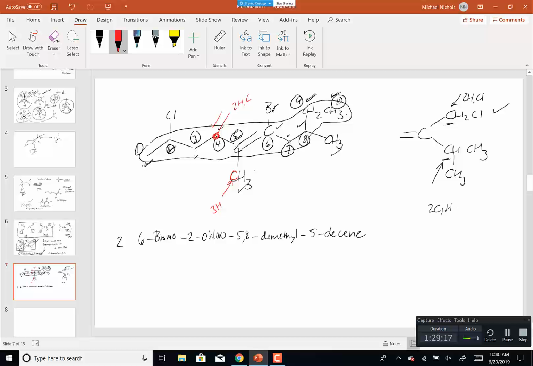Over here, what do I got? Bromine versus carbon. Who wins? Bromine. My 2 high priority groups are on the same side, and so that makes it Z. And sometimes you can put the parentheses in or not. A lot of times you'll actually see the Z in italics.